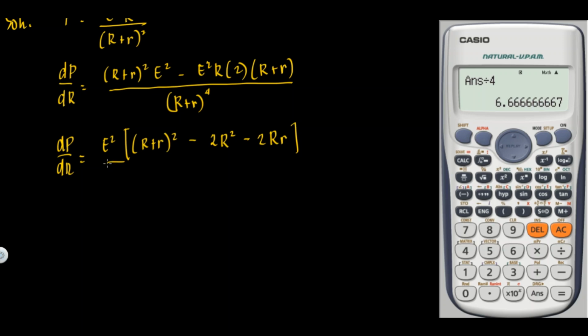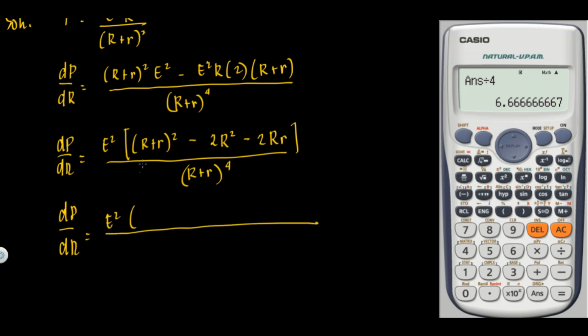Okay. Over (R plus r) raised to 4. Okay, dP over dR is equal to E square. Okay, let's see. Ano to? This is R square plus 2Rr plus r square minus 2R square minus 2R small r. Okay, over (R plus r) raised to 4.